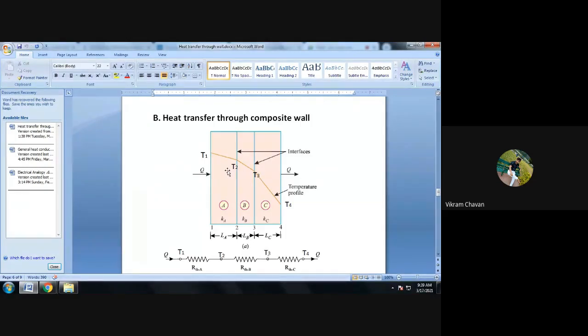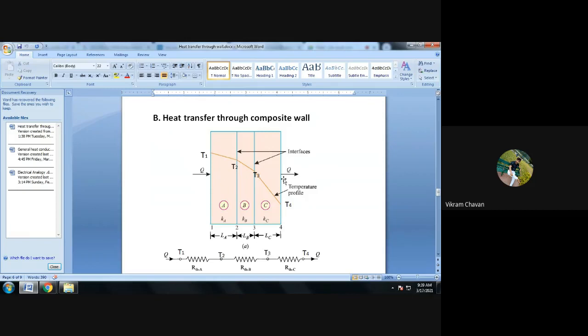Getting everyone? Now for the derivation, we are going to consider that T1 and T4 are the outside surface temperatures, and T1 is greater than T2, T2 is greater than T3, and T3 is greater than T4, so the heat is flowing from the left side surface to the right side surface.